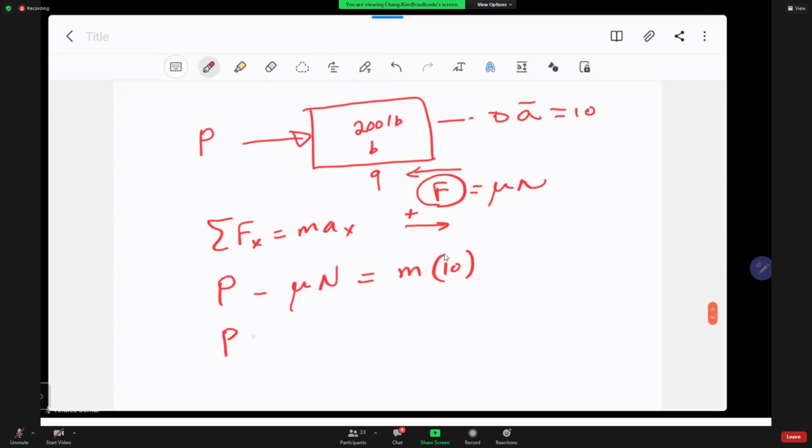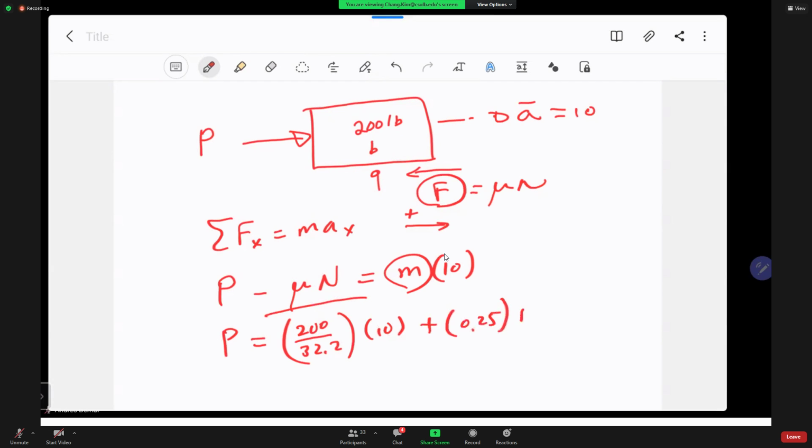And the mass in this case is 200 divided by 32.2, times 10, plus 0.25 times the normal force. Normal force in this case is equal to weight. So that's going to be 200 pounds.